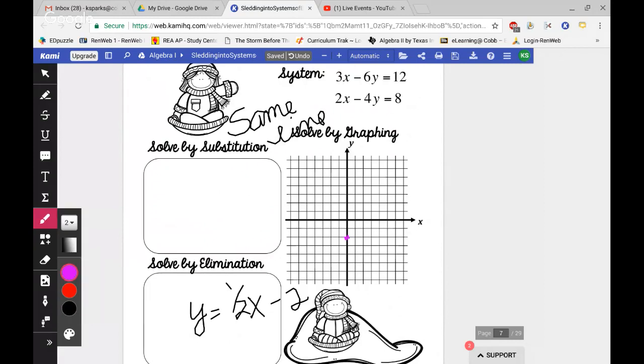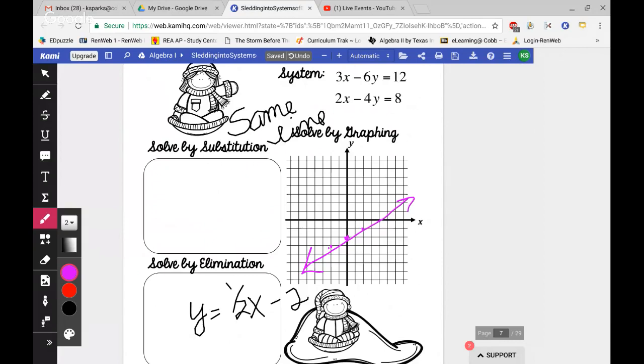And a positive 1/2 x says I'm going to go up 1, right 2. Up 1, right 2. Or down 1, left 2. Because I either go in one positive direction and one negative. I'm going to say it one more time.